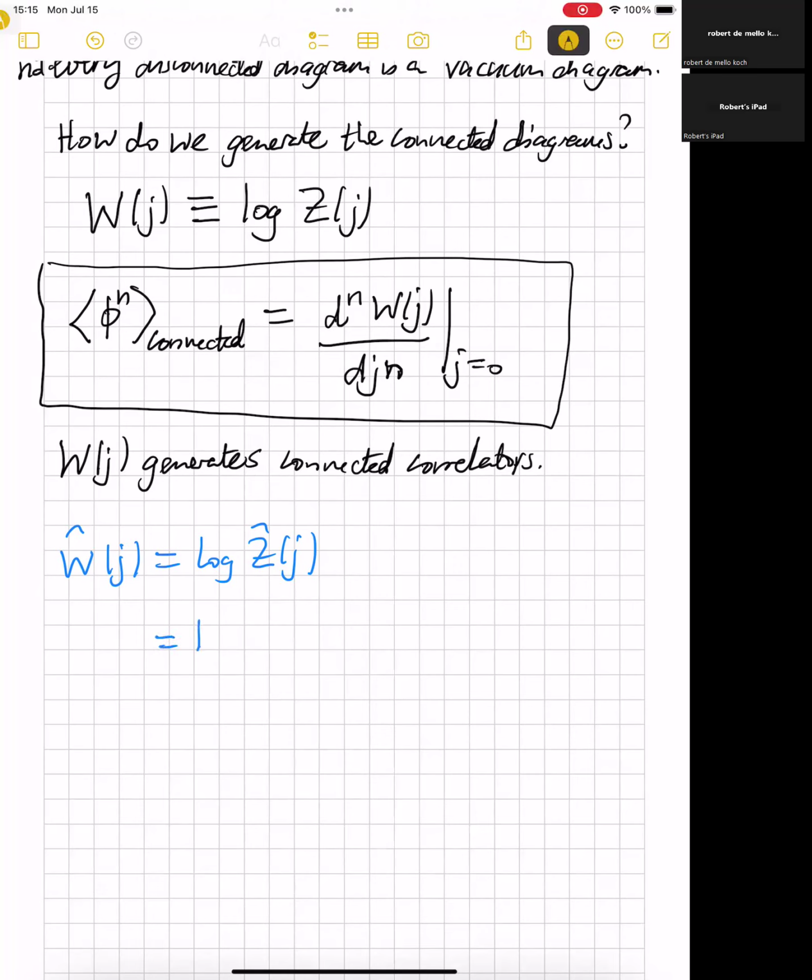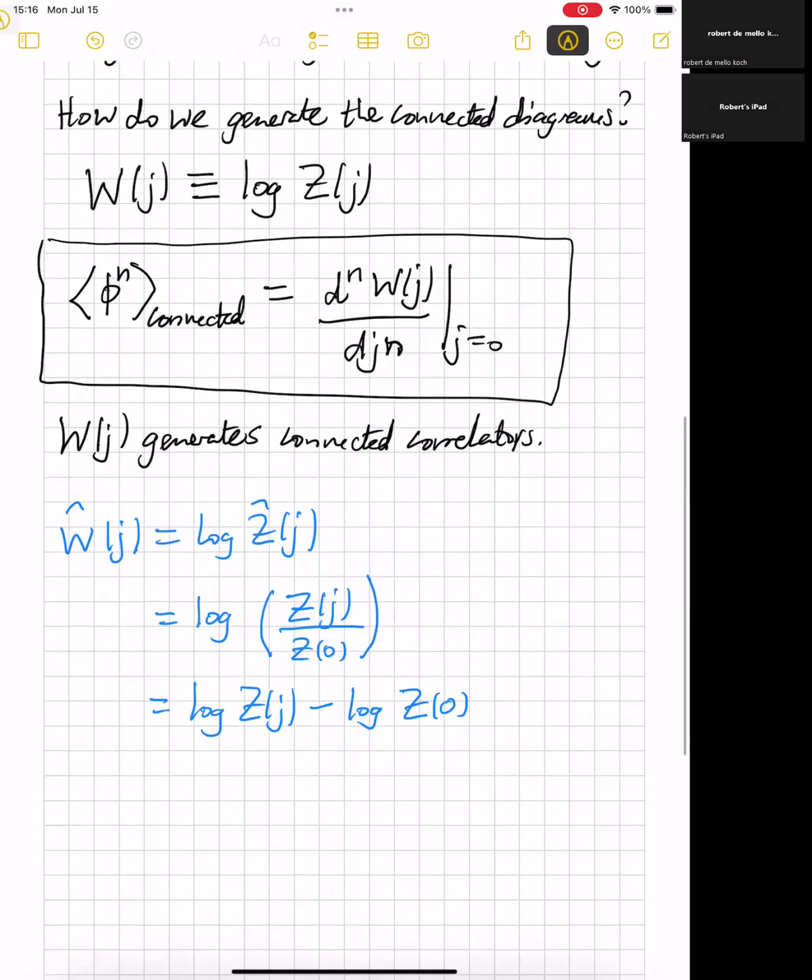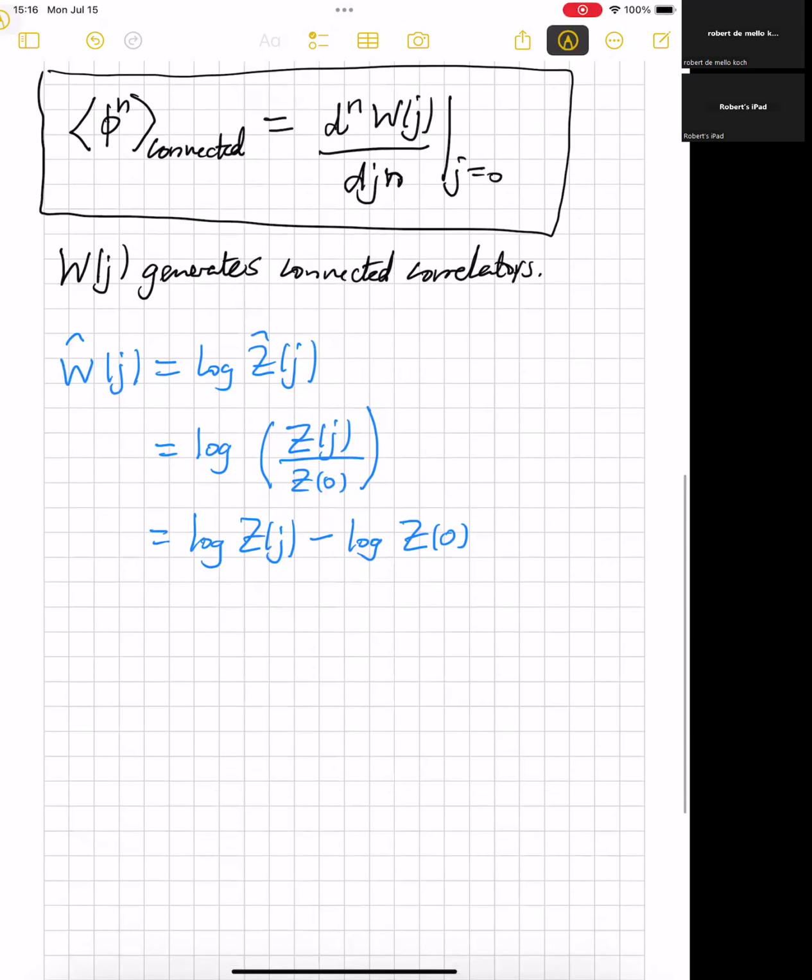Well, we know what Z hat is. Z hat of J is Z of J over Z of naught. And manipulating logs is a triviality, especially for you guys. So you know that this is just the log Z of J minus the log Z of naught. Okay, now let's try to see what the correlators generated using W hat would look like.